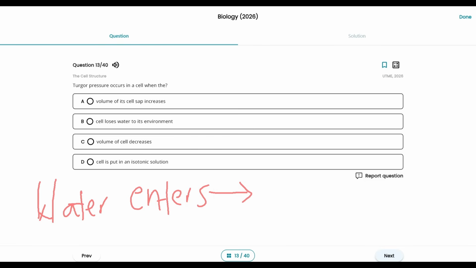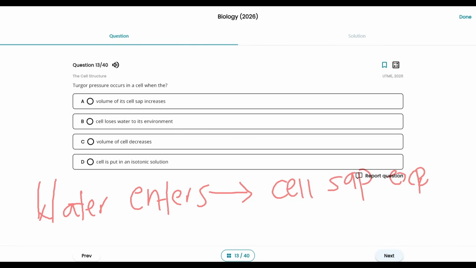You know, there was a particular time I was showing you that water enters the cell, right? Now, water enters the cell sap. When water enters the cell sap, does the cell sap actually expand?